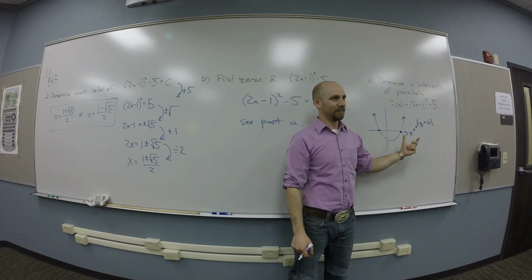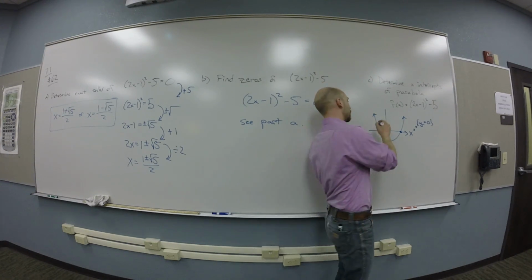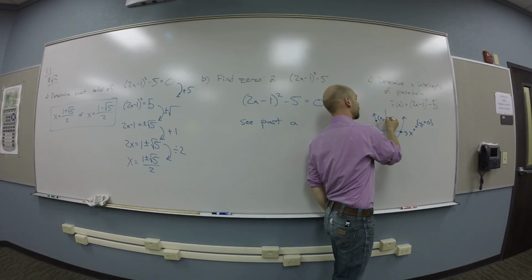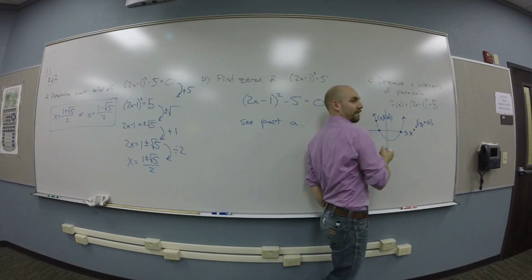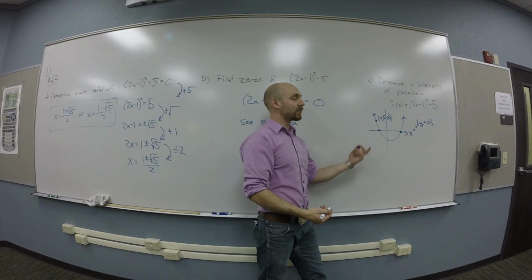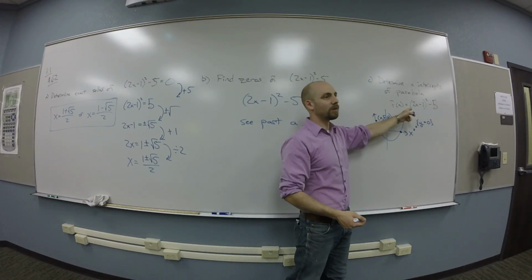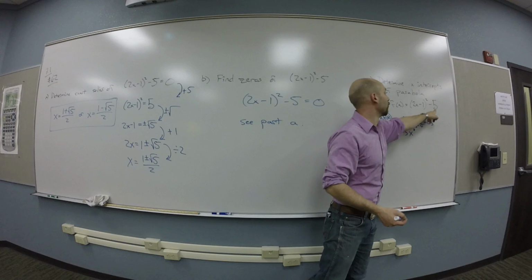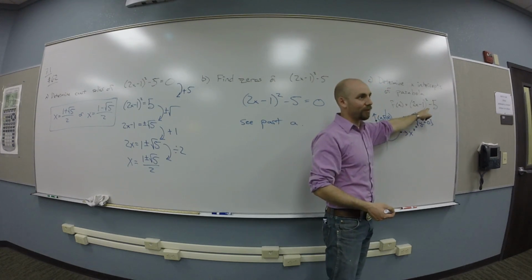The points on this graph are x, f of x pairs. So I'm literally asking, when does this function output 0? This function outputs 0 when the rule for it outputs 0.